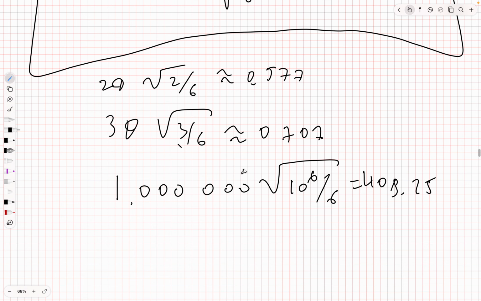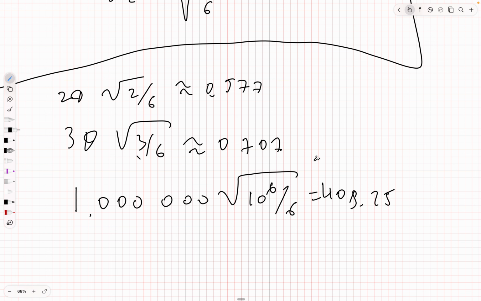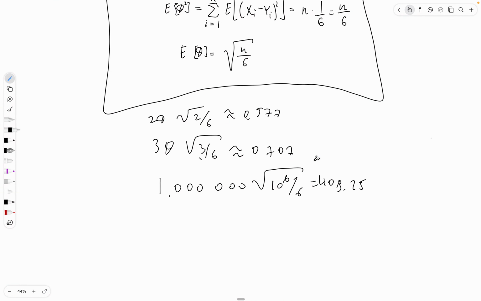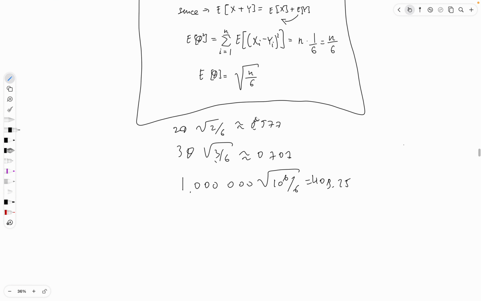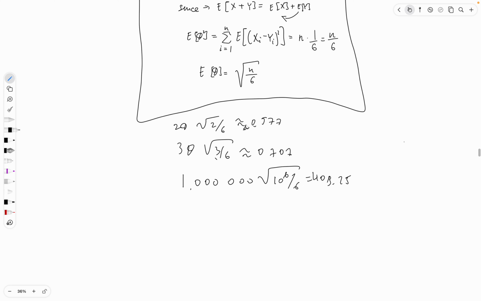And if we have 1 million features, we just calculate this expression and we realize that the average distance is 408.25. So basically, we analyzed the relationship between the dimension and the feature space. As we increase the dimension, we increase the average distance between the data points.